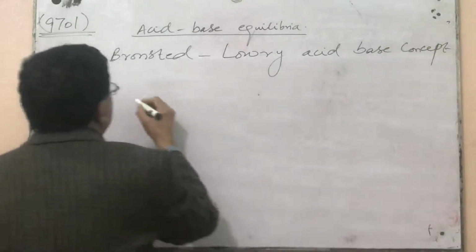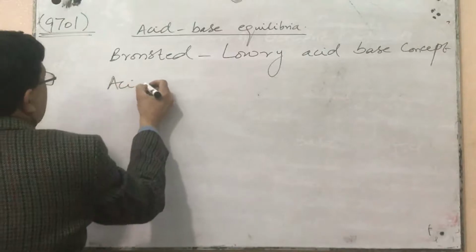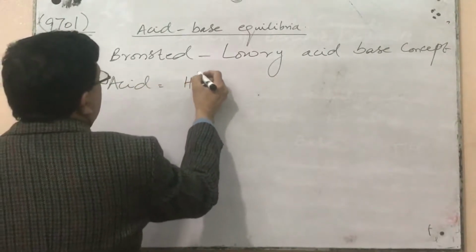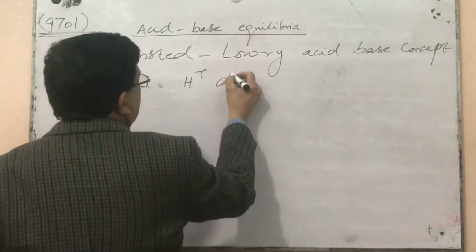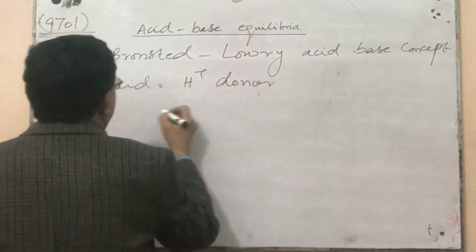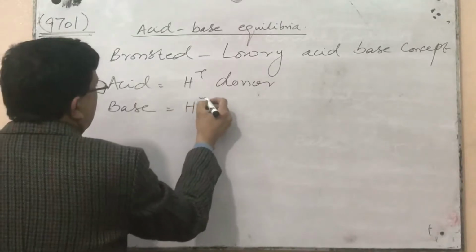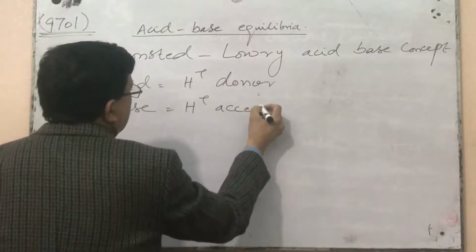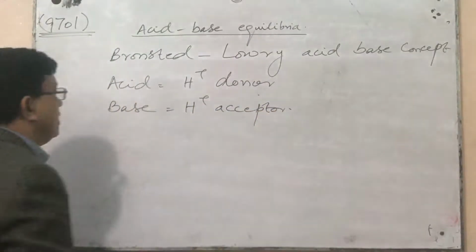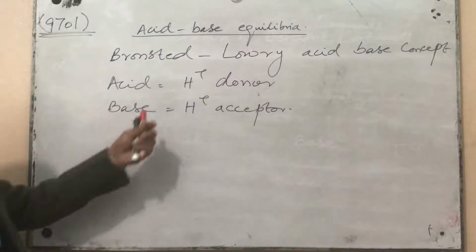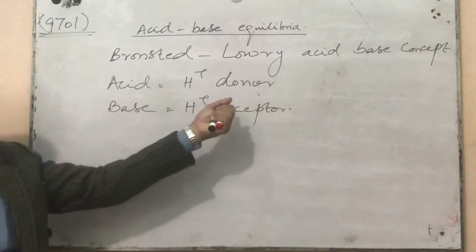According to this, what is an acid? An acid is a proton donor. And what is a base? A base is a proton acceptor. So acid is proton donor and base is proton acceptor.